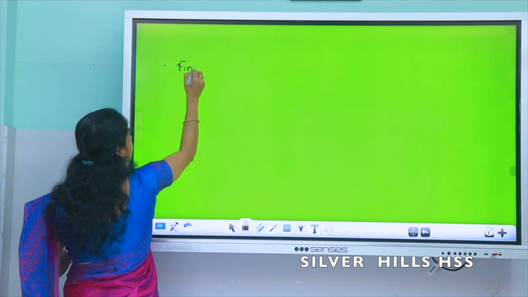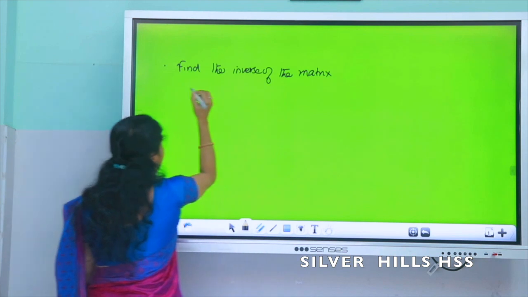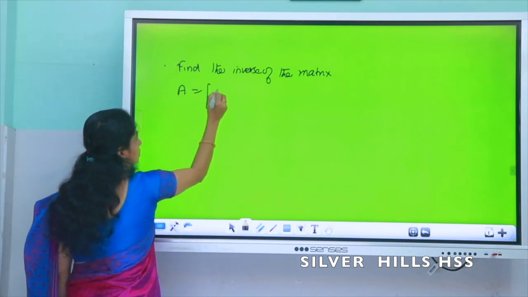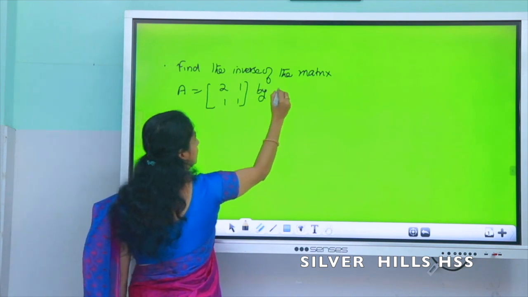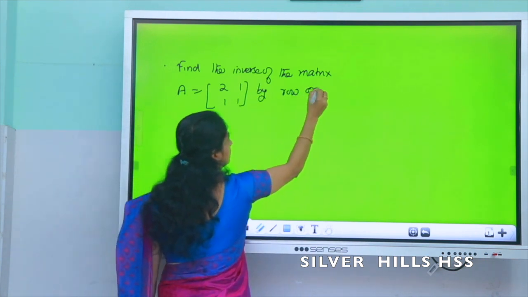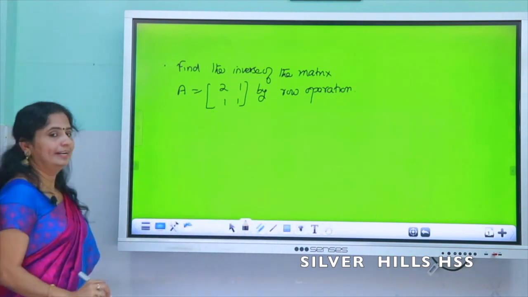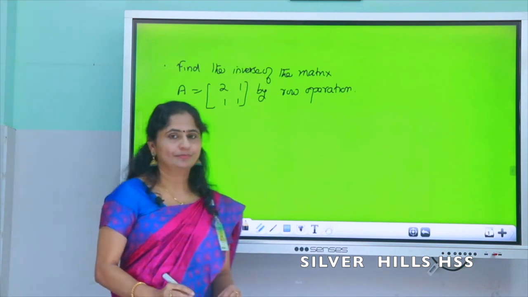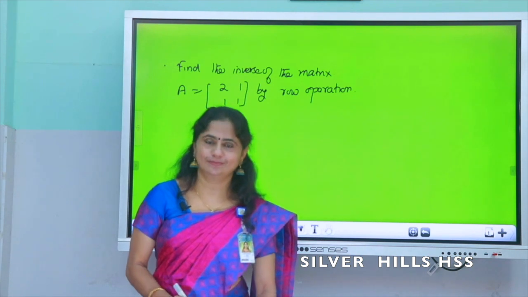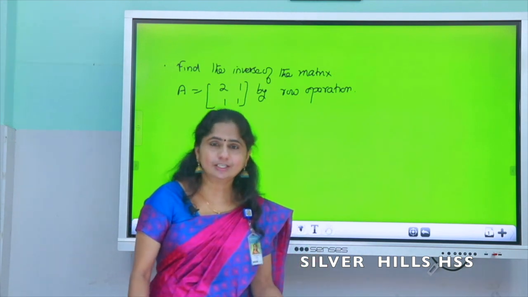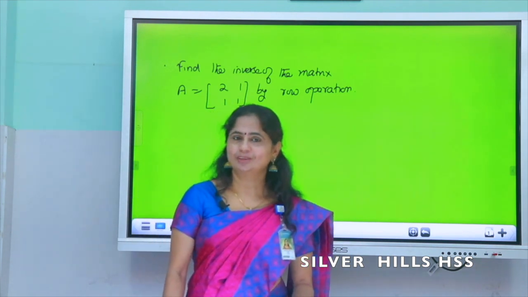Find the inverse of the matrix A is equal to 2, 1, 1, 1 by row operation. As we discussed, if we have to apply row operations, how should we start?